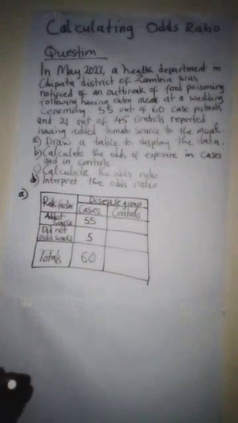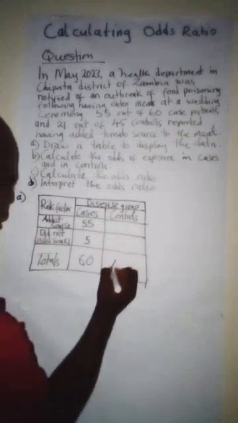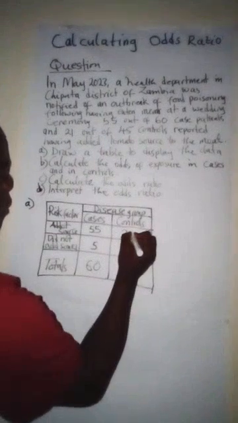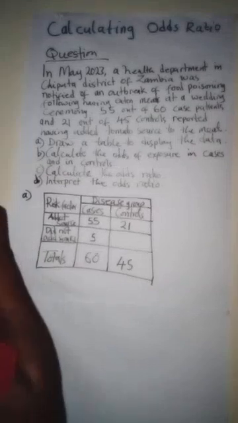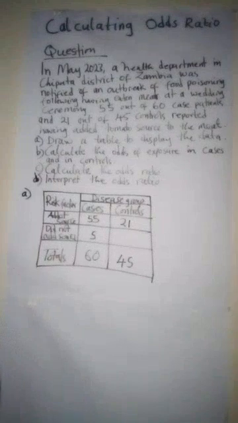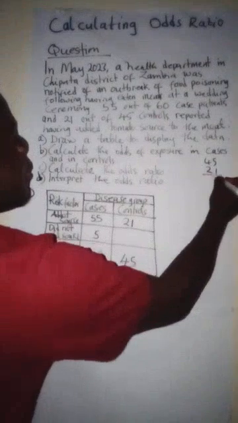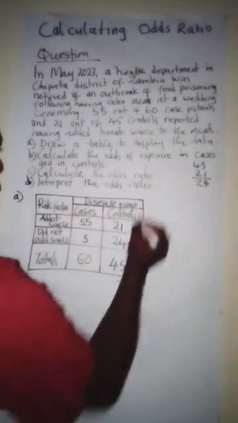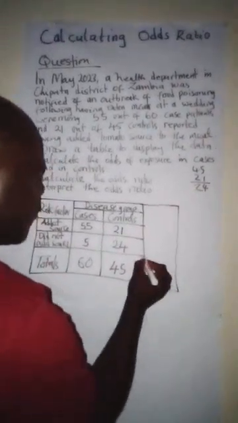Then the other group is indicating 21 out of 45. So the total here is 45. Then here 21, meaning here we have 45 minus 21, which is 24.